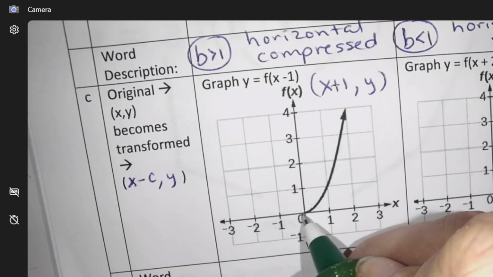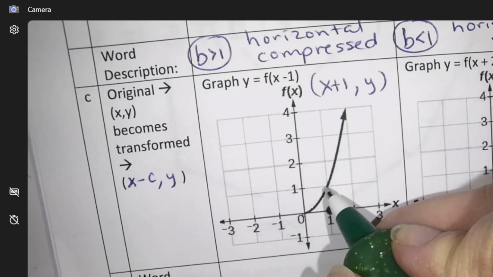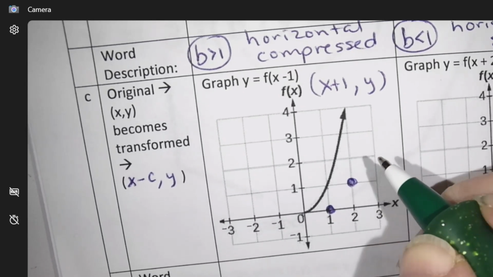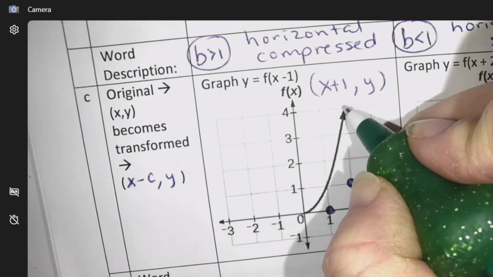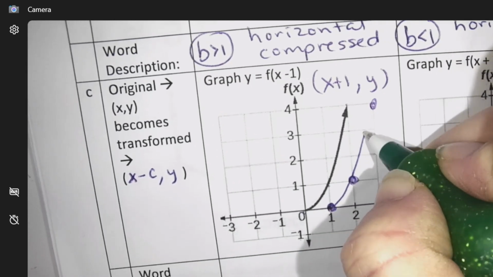So 0, 0 becomes 1, 0. 1, 1 becomes 2, 1. 2, 4 becomes 3, 4.